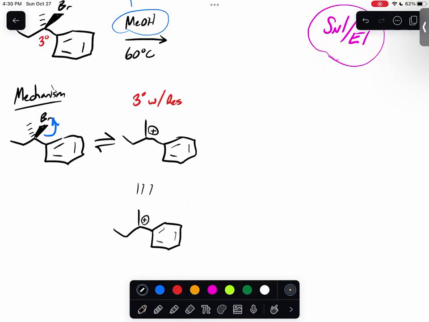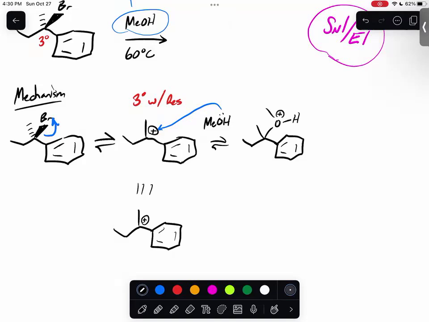So for the SN1 pathway, our methanol, which is our weak nucleophile, is going to come in. It's going to add to that carbon with the carbocation, so it's going to form a bond there. And then keep in mind, this is going to be racemic.